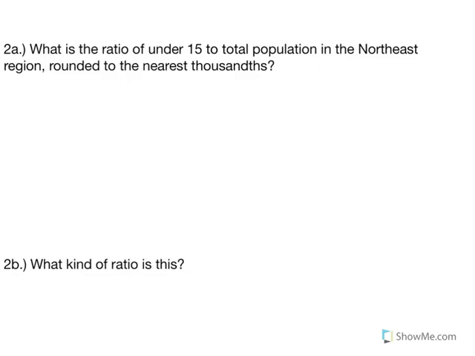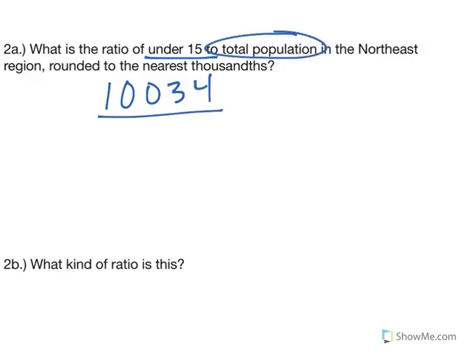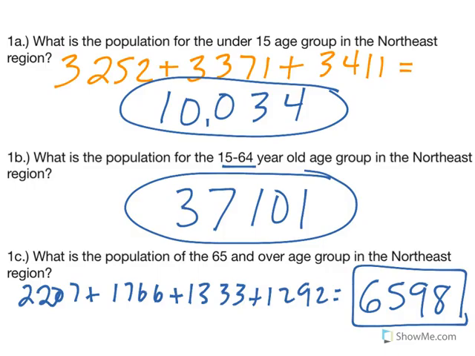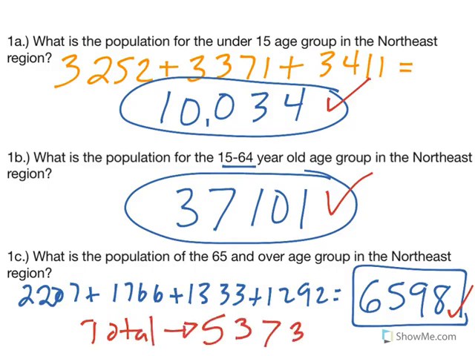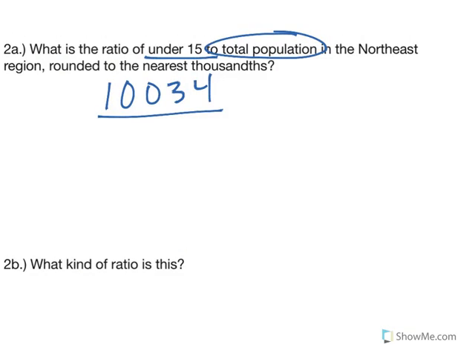The ratio of under 15. So remember, under 15 was 10,034 compared to the total population. Well, the total population would be all 3 of these added together. So our total, I calculated to be 53,733. So that would be our total population.